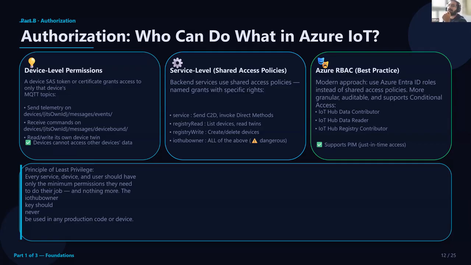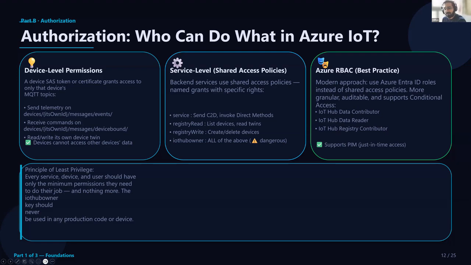At the device level, each device's credential only grants access to its own MQTT topics, right? Its own telemetry channel, its own device twins, its own commands. So devices cannot access each other's data by design. This is a good isolation provided on the Azure side.